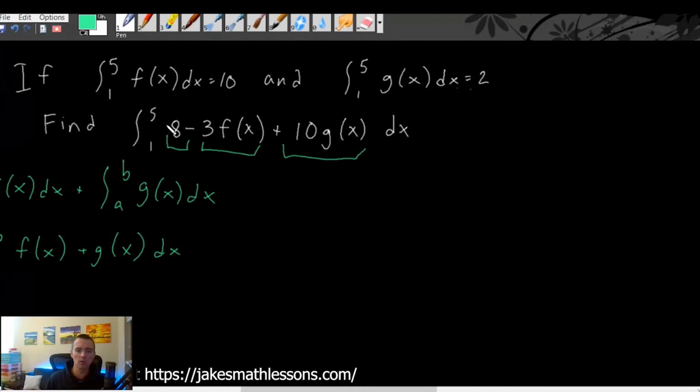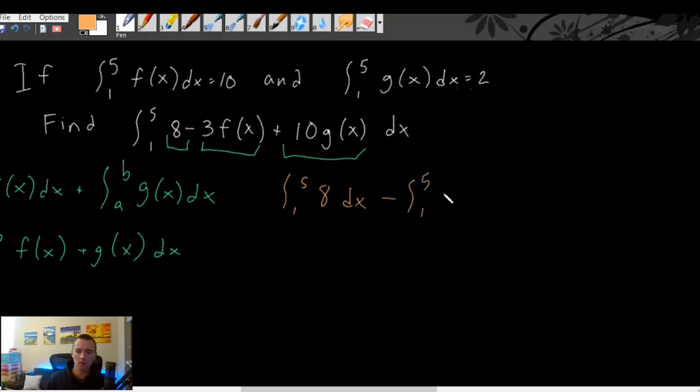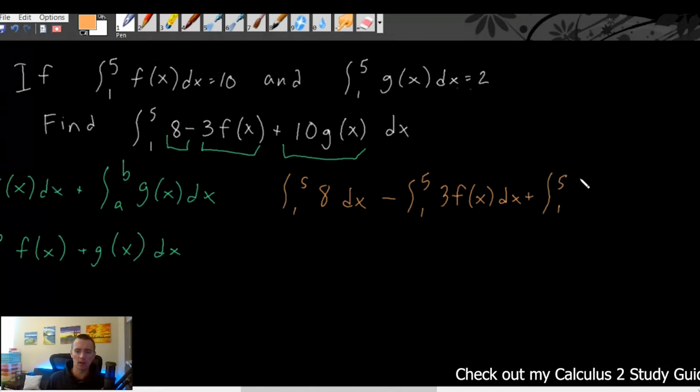So we're going to take the integral from 1 to 5 of our first piece, which is just 8, and then put a dx on there. And then we're going to do minus the integral from 1 to 5 of 3 times f of x dx, and then plus the integral from 1 to 5 of 10 times g of x.